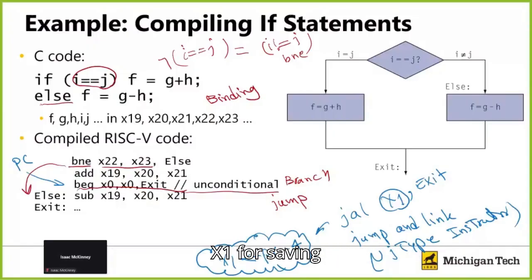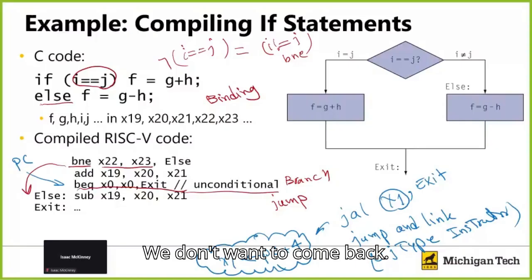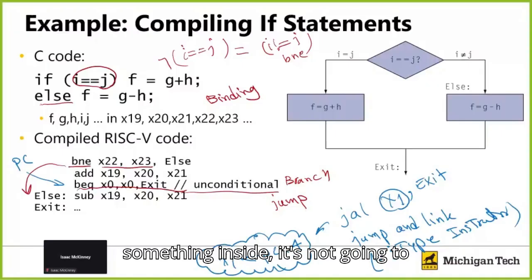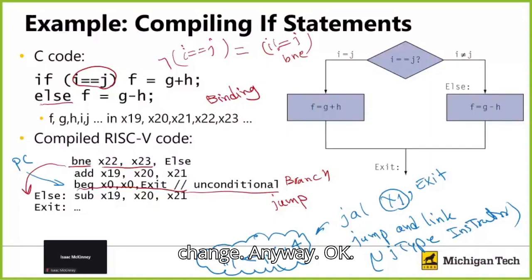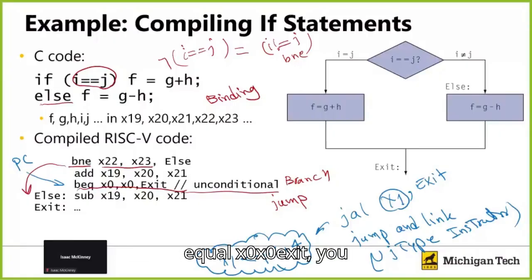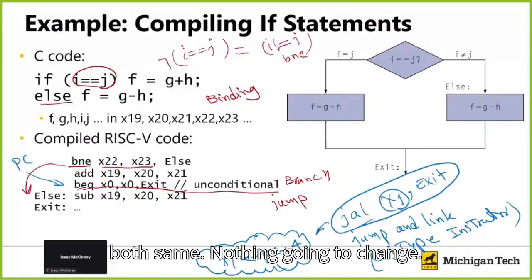We always use x1 for saving the next address, the return address actually. But here we don't need it. We don't want to come back. That's why we can put x0 as well, because x0 is always 0. Even if you put something inside, it's not going to change. Anyway, in this example, instead of using branch equal x0, x0, exit, you can just write this instruction, and both are the same, nothing is going to change.